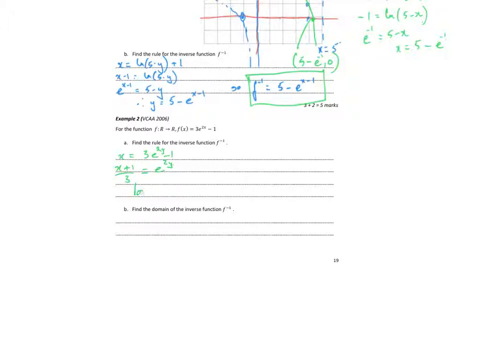So I can go log base e of x plus 1 on 3 is equal to 2y. Therefore, y is equal to a half log base e of (x plus 1) on 3. So let's write our final answer: f inverse is equal to 1/2 natural log of (x plus 1) on 3.